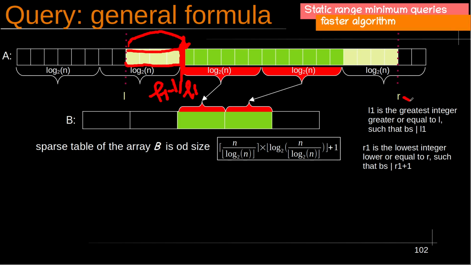On the right side we have R. We have to check if R is the end of this block. R is not the end of this block, as you see here. So we have to compute R1, which is the start of the current block. Of course, if we compute R1, we know the end of the previous block, which is R1 minus 1.